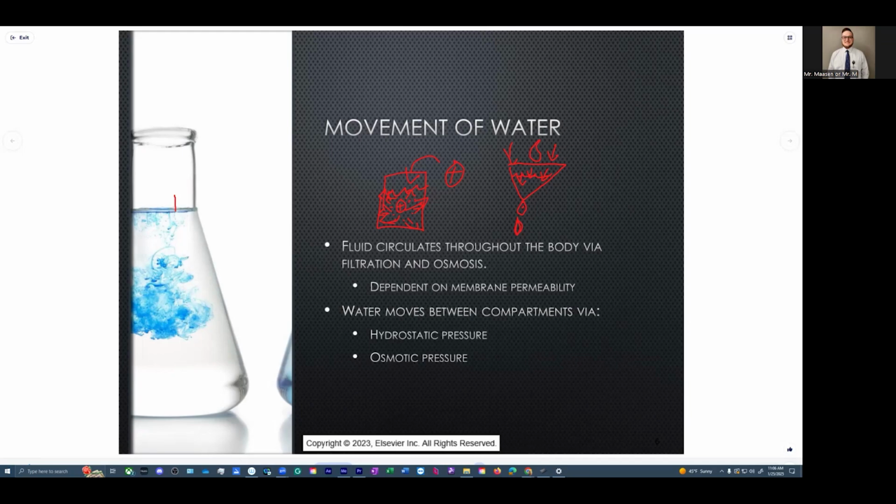And then osmosis. Osmosis is about movement of the water through a membrane when the solutes can't move, is basically what they're saying here. So if I get rid of these, imagine a container with a membrane in the middle. This is a semi-permeable membrane.